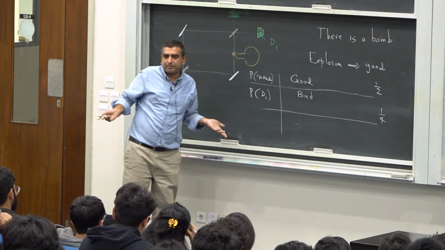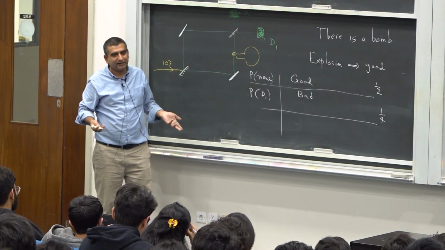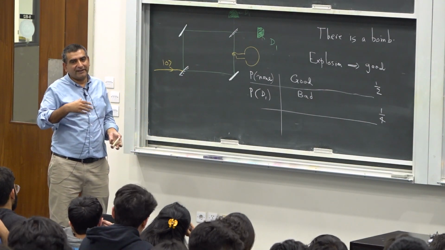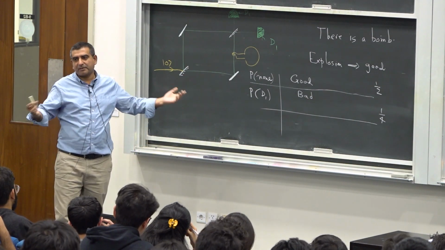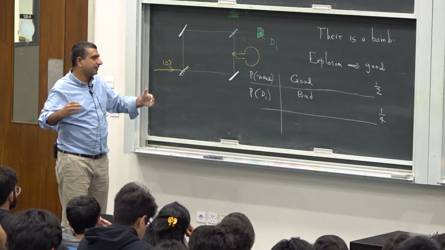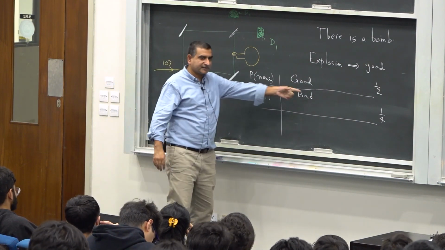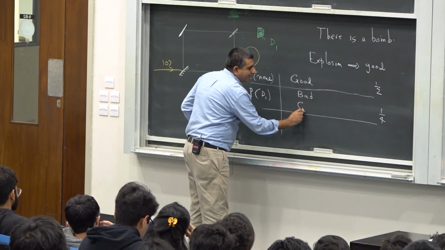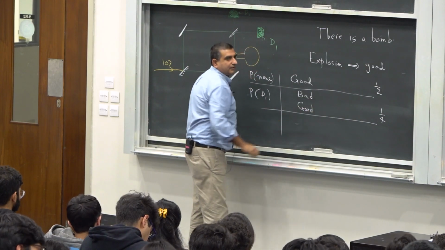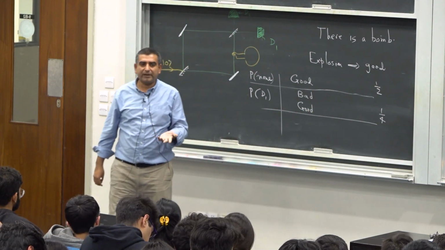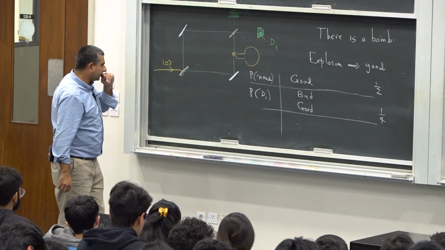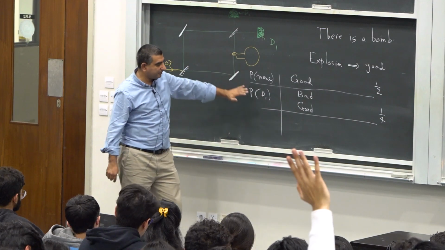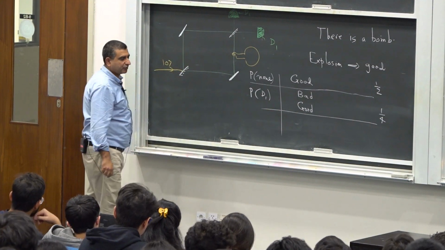One is that the bomb is bad. If the bomb were bad, this will act just like a balanced interferometer, and there's some likelihood that D1 is going to click. So it has clicked. So the bomb could be bad, but the bomb could also be good. It's possible that the bomb is good and the photon has not interacted with the bomb. I'll come back to this point in a minute. Let me finish my complete argument.